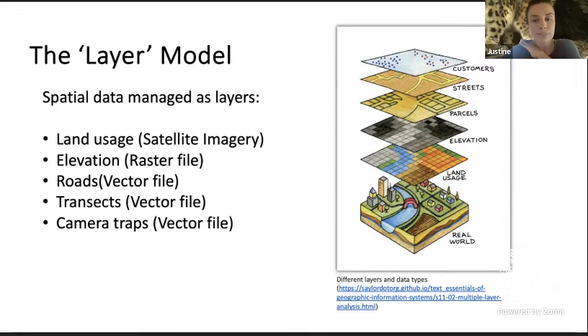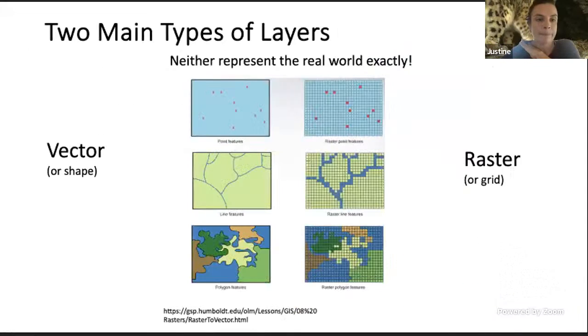For example, you have a GPS and you note down where your camera traps are located, while other sources of data you can find online. For example, if you want to do a spatial analysis, you can get a really nice overlay of elevation for your study area, or maybe forest cover. So it's important to see these as different layers that we bring together to create our GIS map.